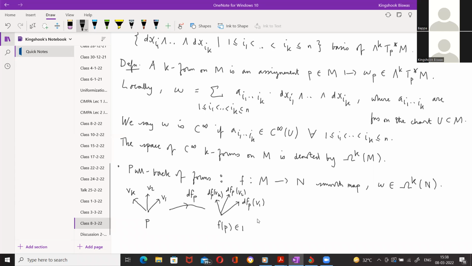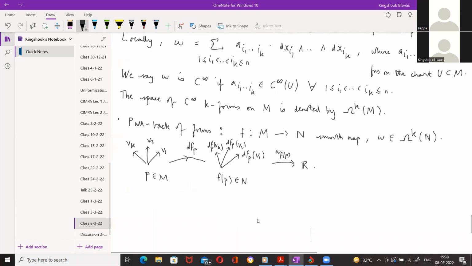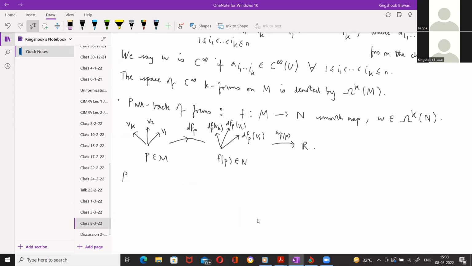So this is in N, this is in M, and then you apply omega at the point f of p, and you get a real number. So we define the pullback f star omega. This will be a smooth K form on M.